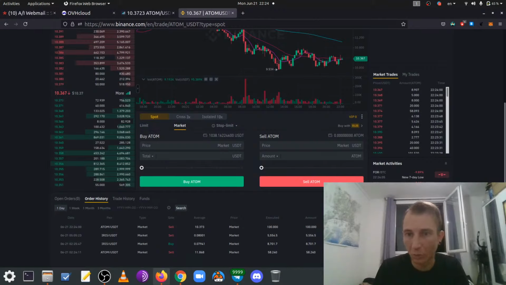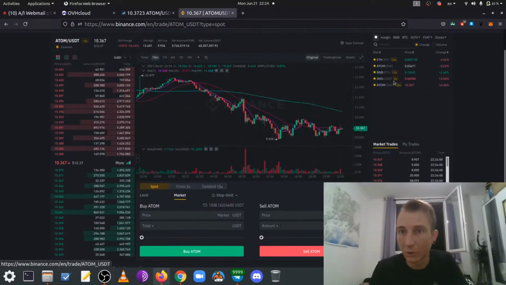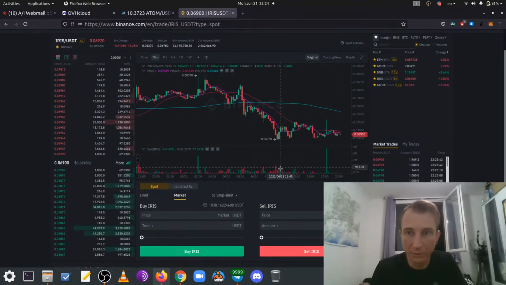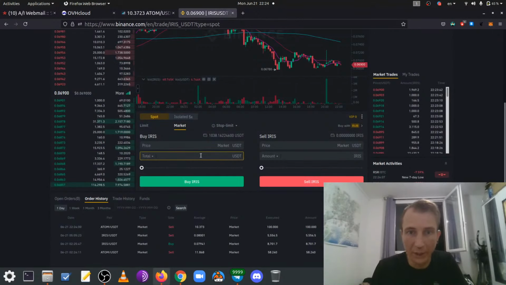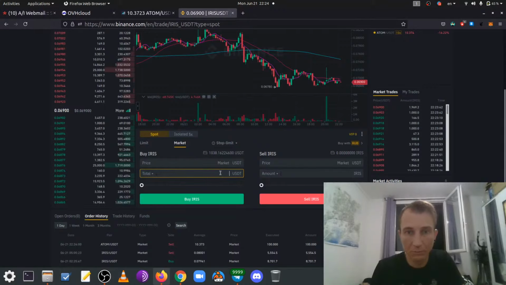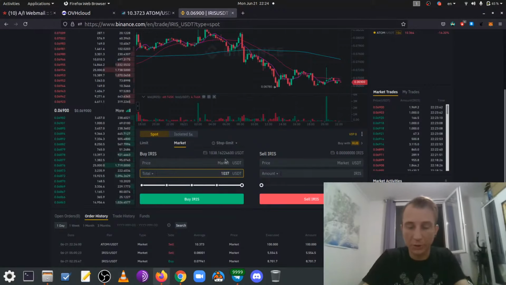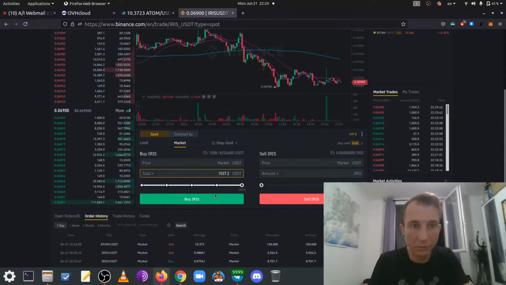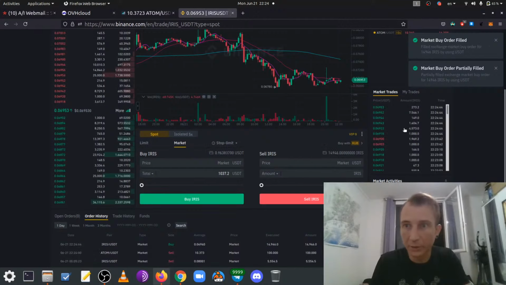We get 1,037. Go to Iris USDT and tell buy Iris for this amount. $1037.2, buy Iris.